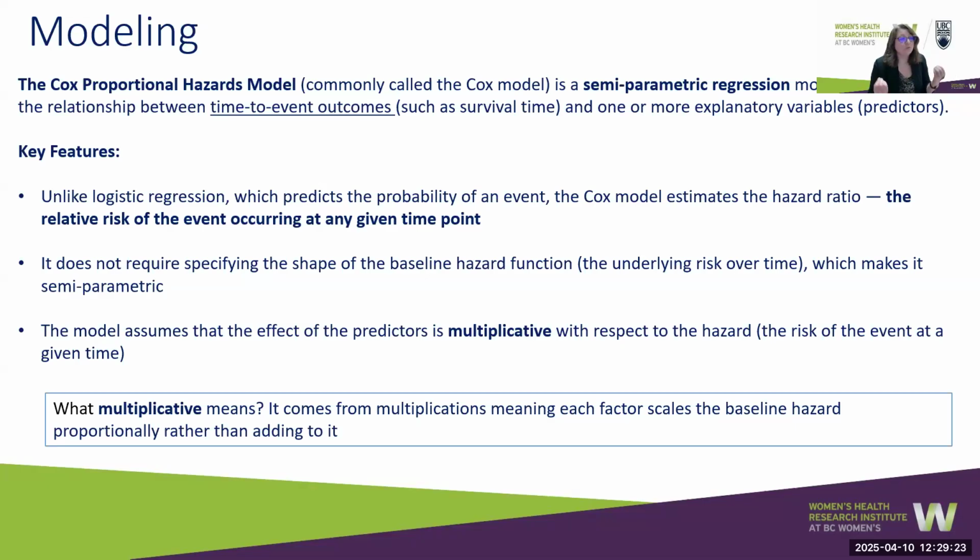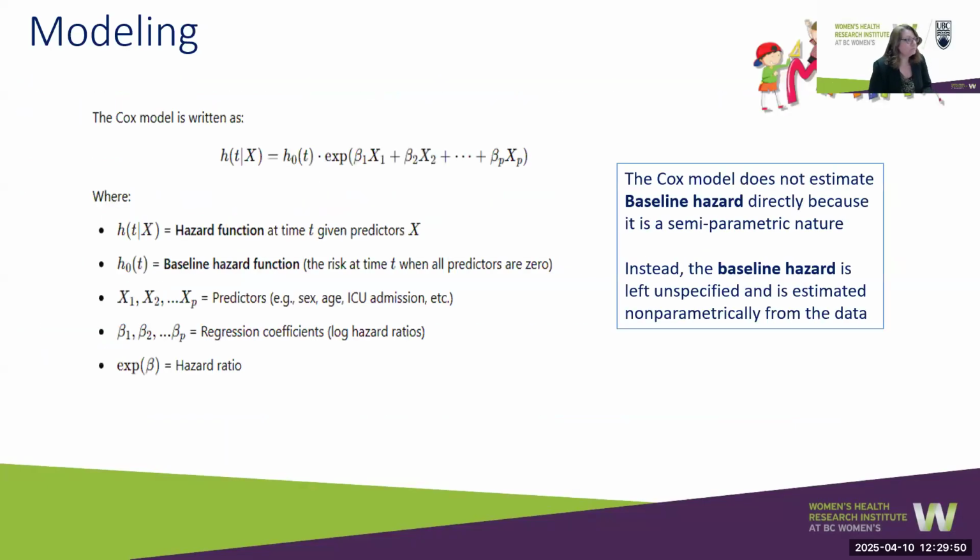And actually that is where the name proportional hazard model comes from. So we can calculate a simple hazard function at baseline, and based on this multiplication, we expect the proportion to be the same from baseline until the time of death or the end of the study. Otherwise, it's not a proportional hazard model.